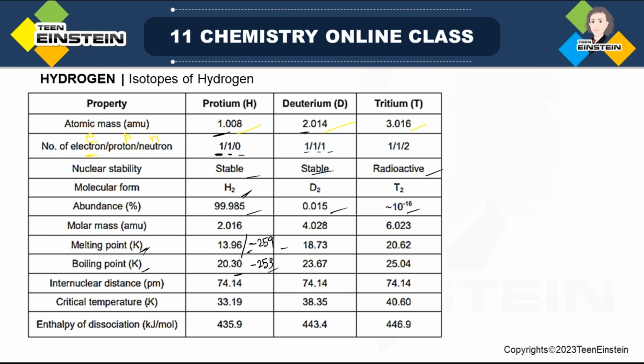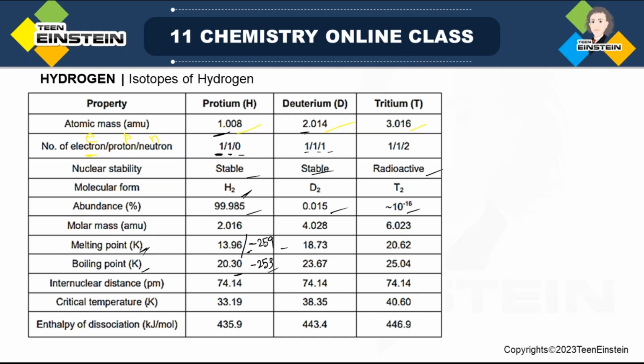When we see melting point, what does it mean? It is when solid is converted to liquid. That means hydrogen is in solid and liquid form, and that is possible only when the temperature is very low. And boiling point means the liquid form is changing to the gaseous phase.